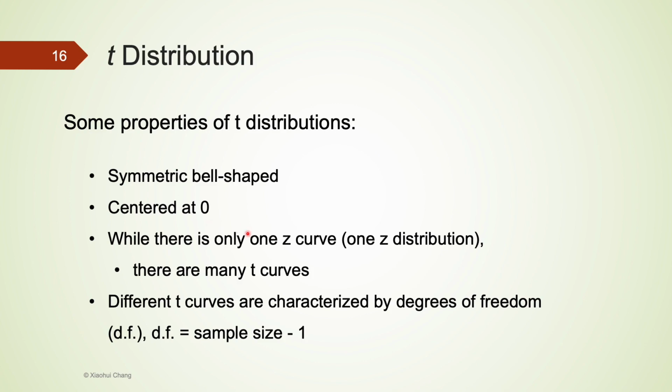While there's only one z-distribution or one z-curve, there are many t-curves, many t-distributions. Each t-distribution is characterized by its corresponding degrees of freedom, which is usually written as d.f. Degrees of freedom is the quantity sample size minus 1. Note that degrees of freedom here is always an integer.